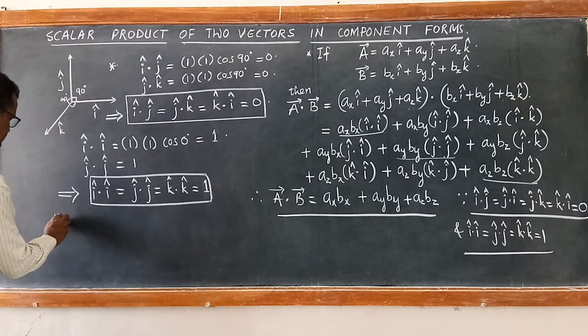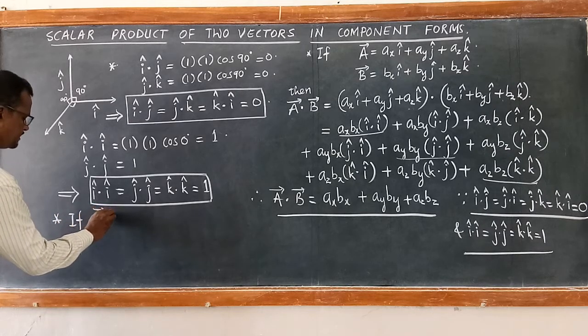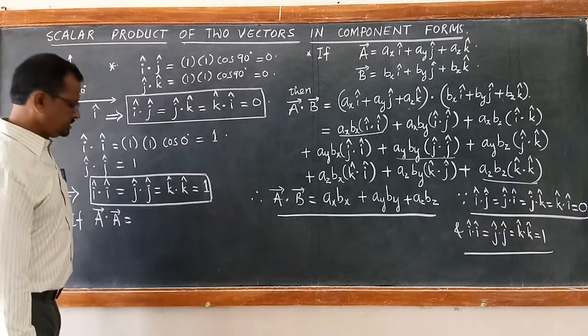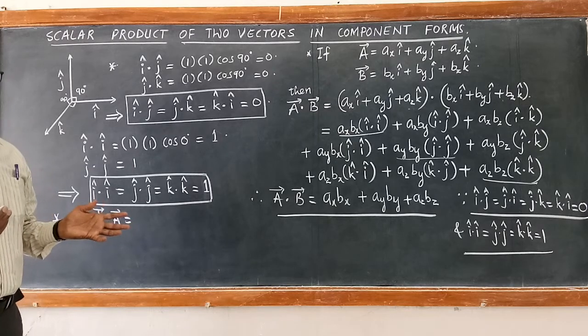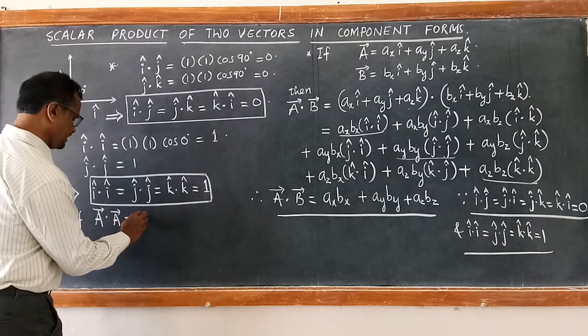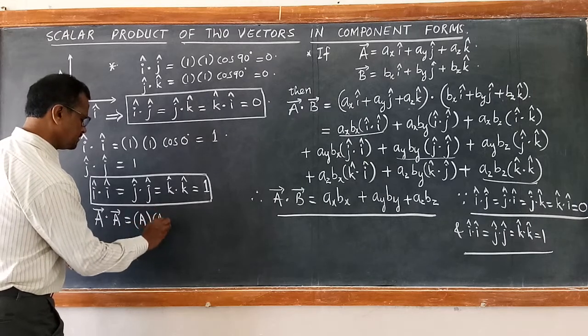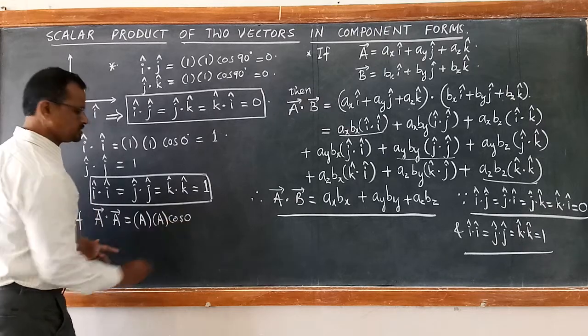Using the definition, A dot A is equal to magnitude of A into magnitude of A into cos 0, which is 1.